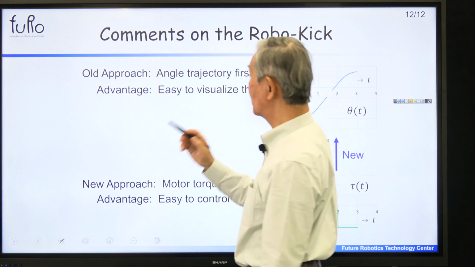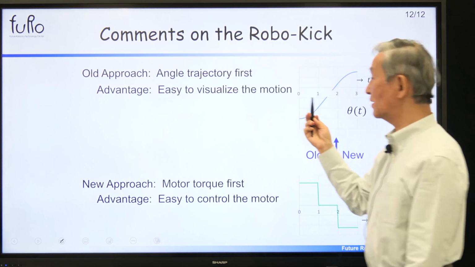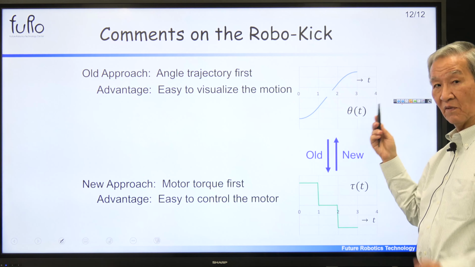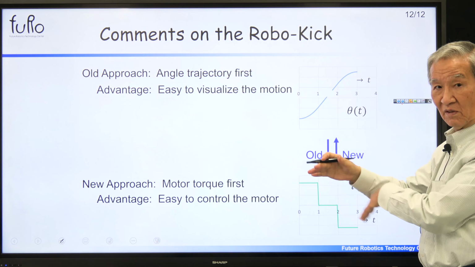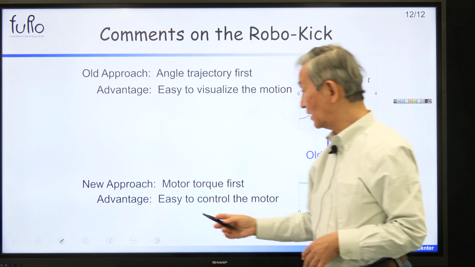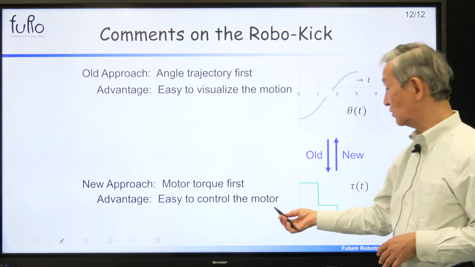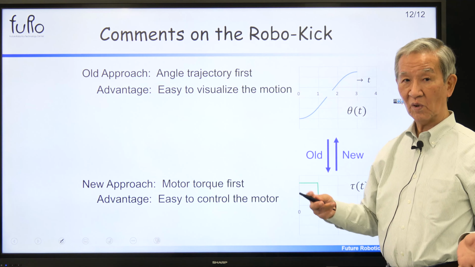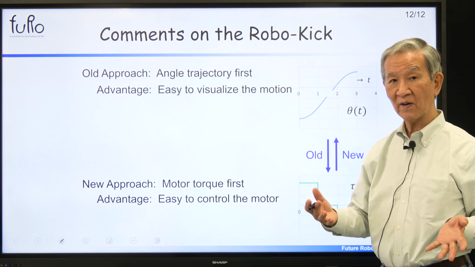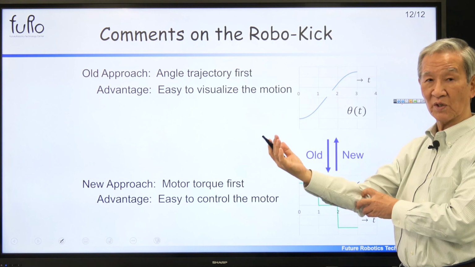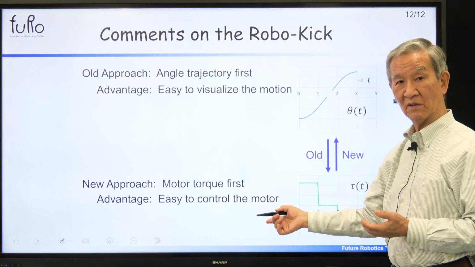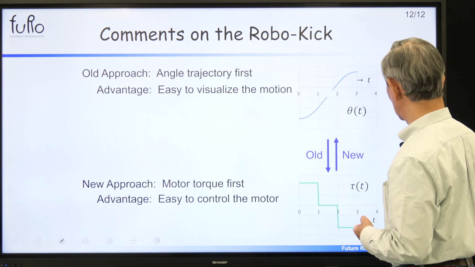The advantage of the old approach is that it is easy to visualize the motion because you see this one first, so you know how the angle changes. The advantage of the new approach is that it is easy to control the motor. After all, what you need to do is to program the control of your motor. So that's where you start. So it's easier for controlling the motor.